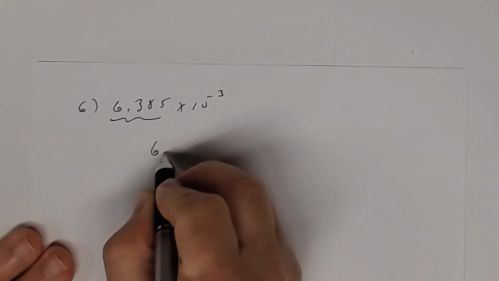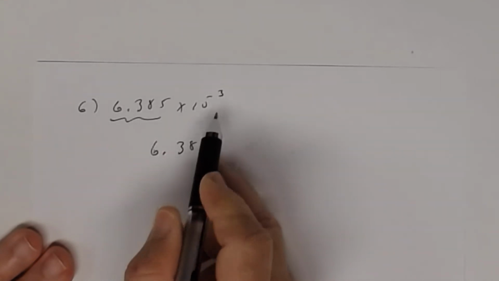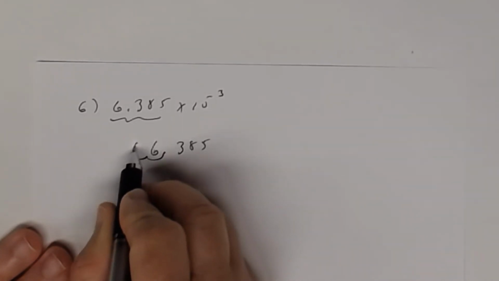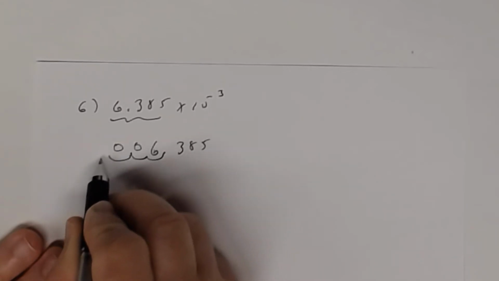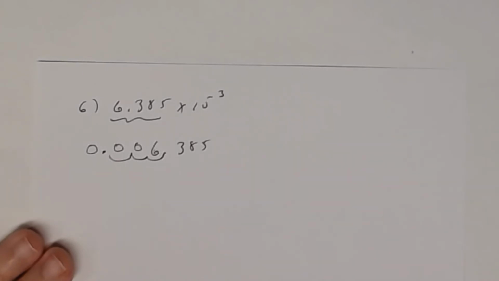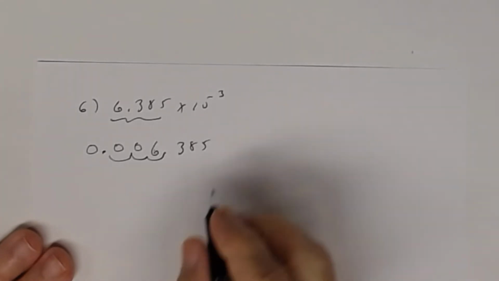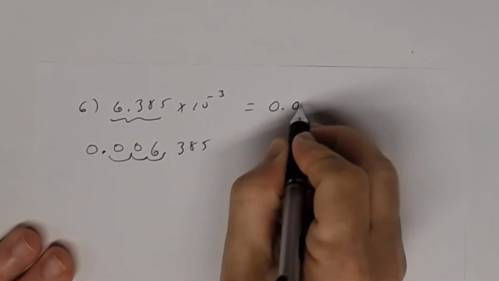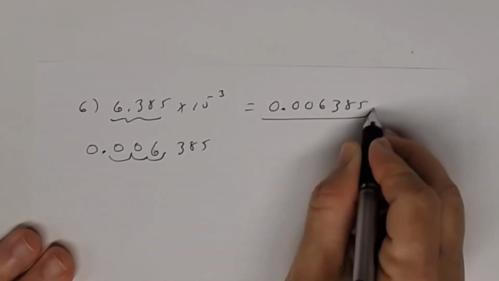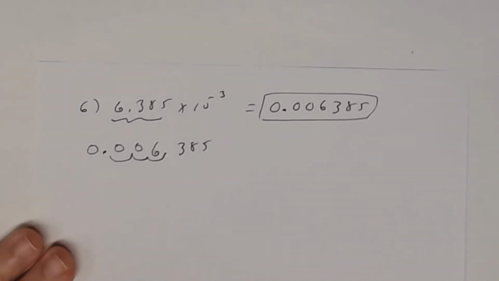We have 6.385, and we've got to move it to the left 3 units. So 1, 2, and then 3. And we put a decimal point there, and we're going to put a 0 as a placeholder in front of that decimal point. And so therefore the answer is going to be 0.006385. And so that is number 6.